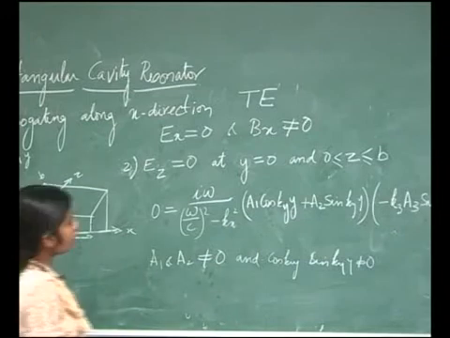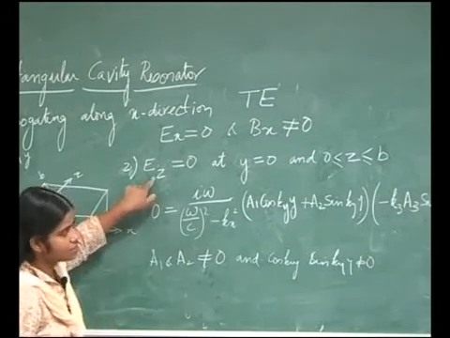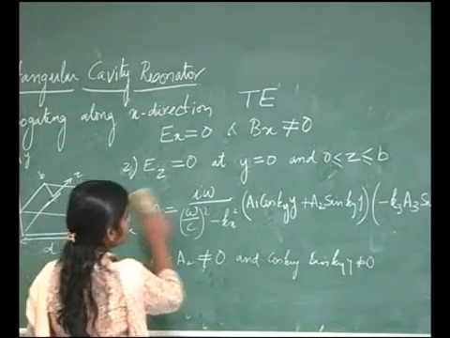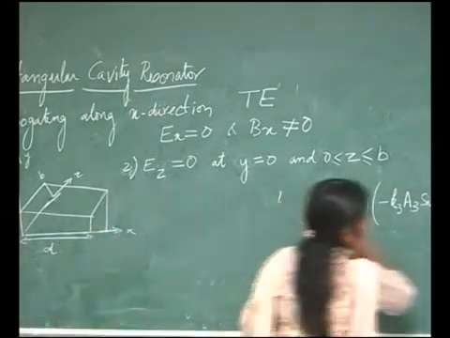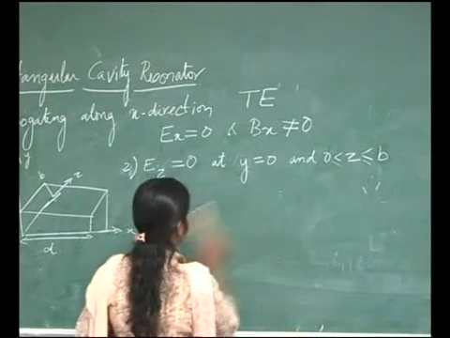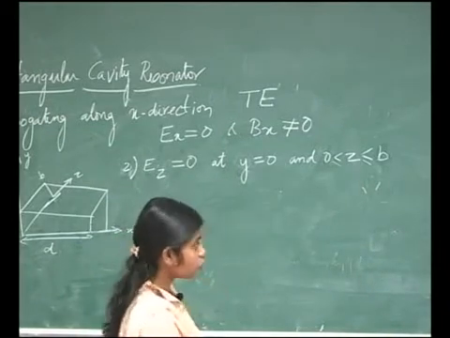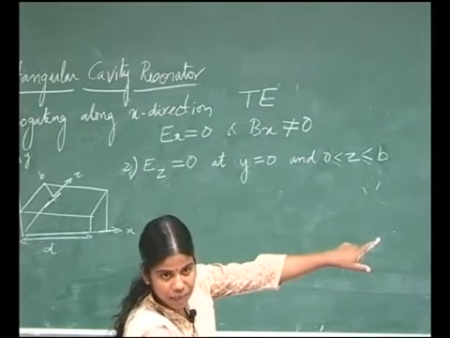Now because I want to make my Ez 0, I will take the second equation there. Now we can do it pretty fast. My first term will not be there because my Ex is 0.